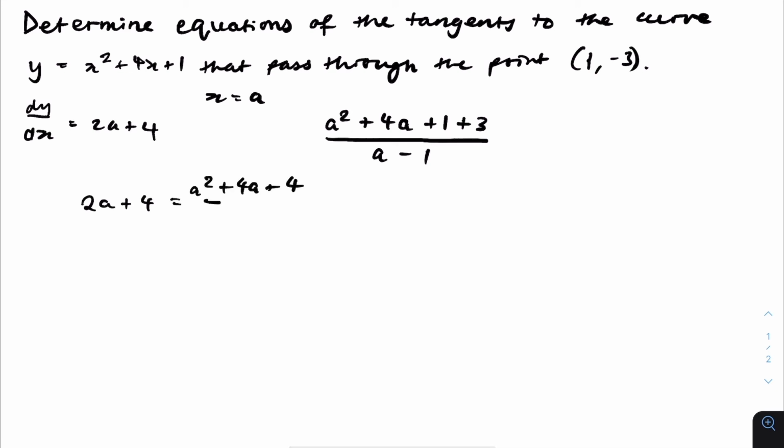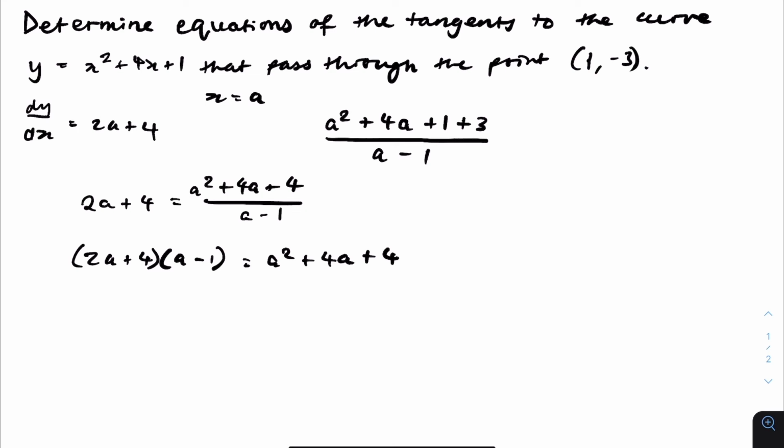Plus 4 basically, divided by a minus 1, which is equal to 2a plus 4. Times a minus 1 is equal to a squared plus 4a plus 4. Essentially, we're just solving for a at this point, which gives us 2a squared minus 2a plus 4a. So 2a squared plus 2a, and then minus 4, which is equal to a squared plus 4a plus 4.